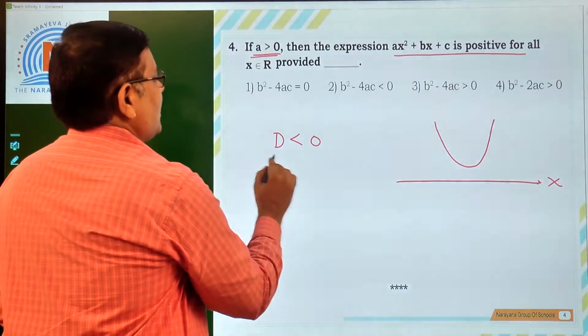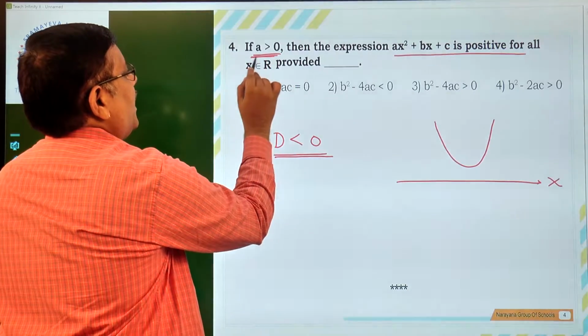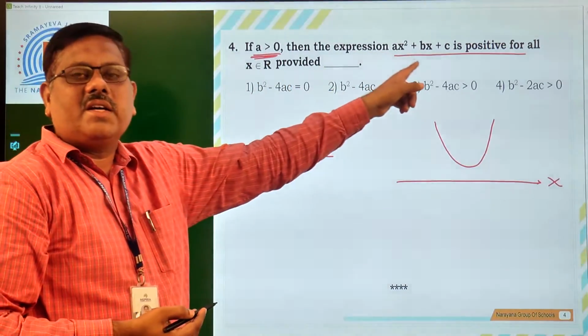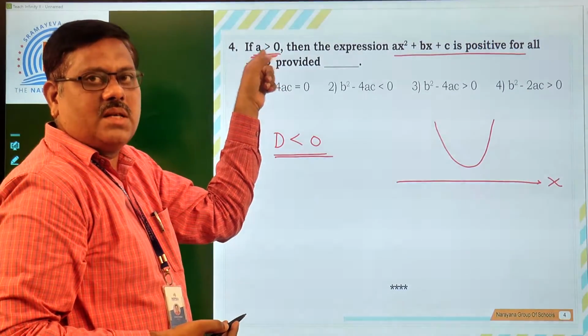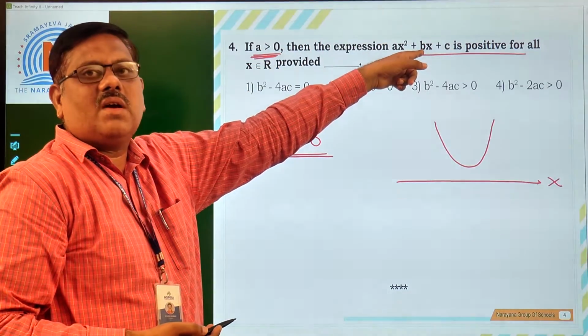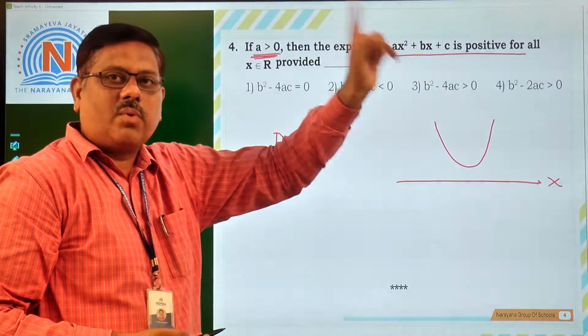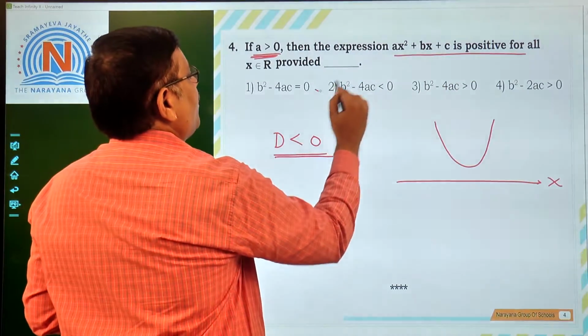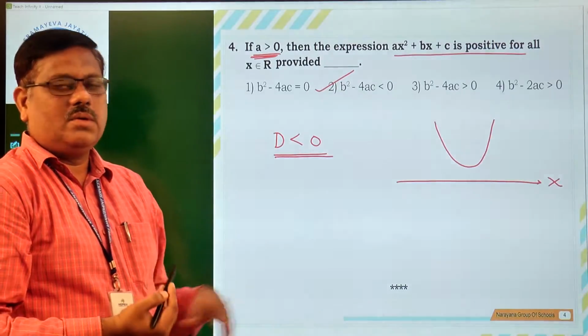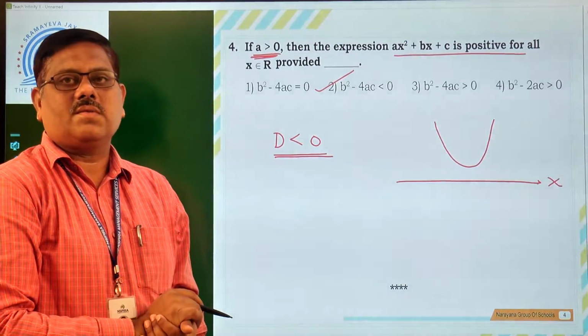If the discriminant is less than 0, whatever sign a has, the same sign the expression ax square plus bx plus c will have. As a is greater than 0, ax square plus bx plus c is also greater than 0, provided D is less than 0. D less than 0 means b square minus 4ac less than 0. So here the second option is the right answer for this question.